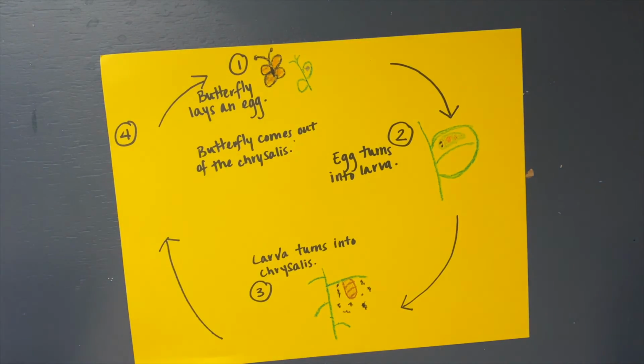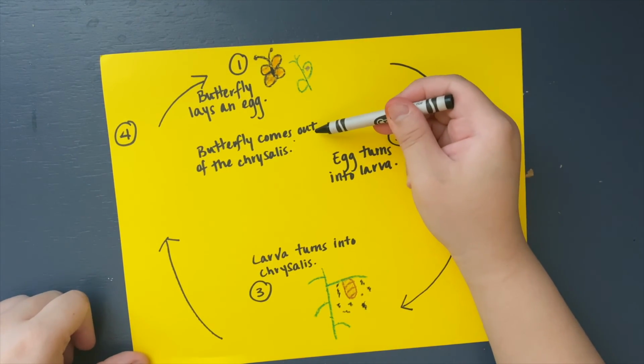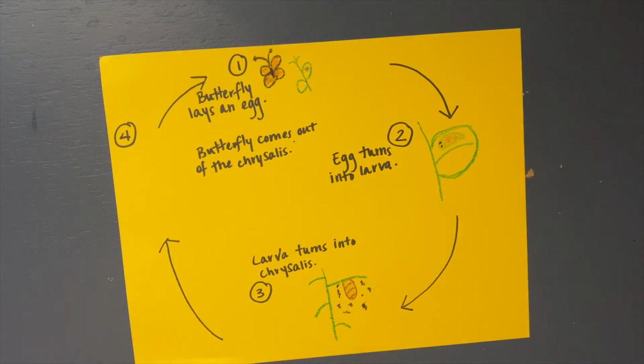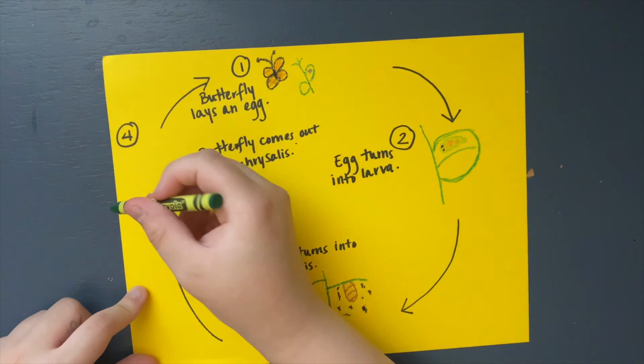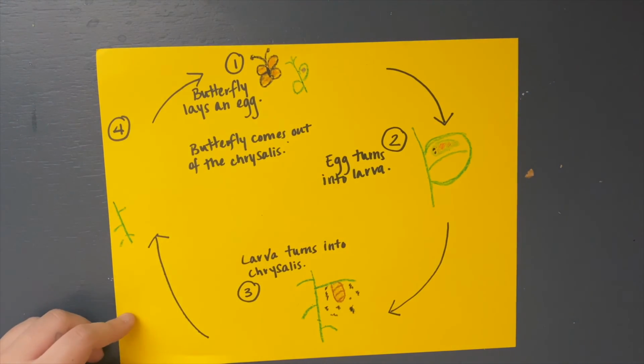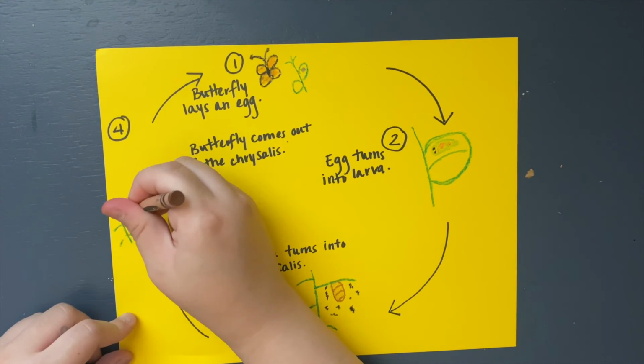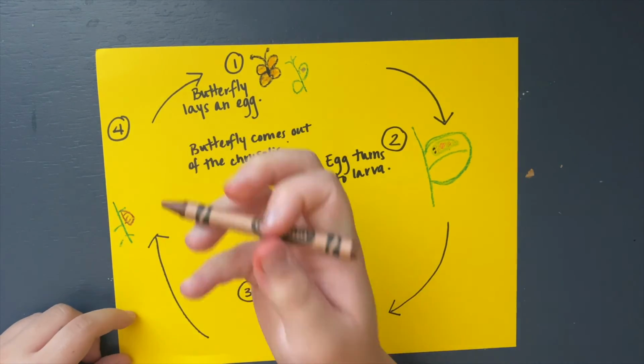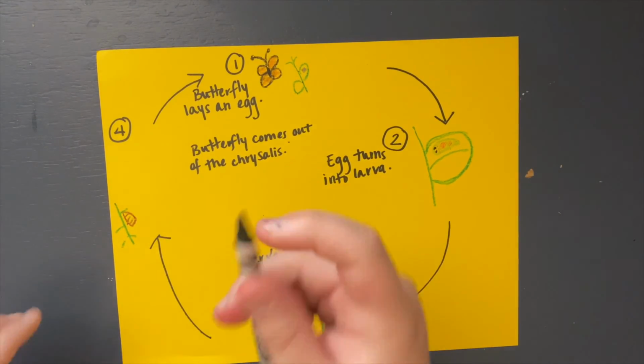And so let's move on to the last one. The butterfly comes out of the chrysalis. So this is the most exciting part. And we can kind of show maybe the chrysalis. And then we can show our butterfly.